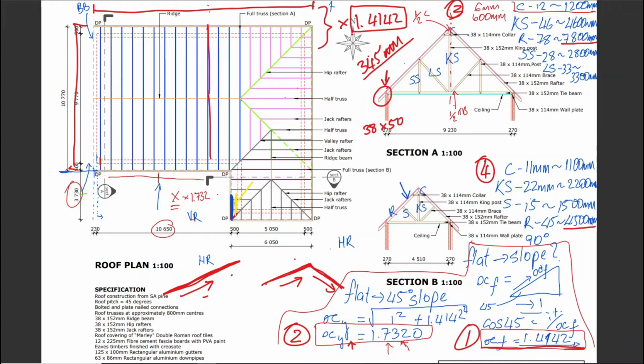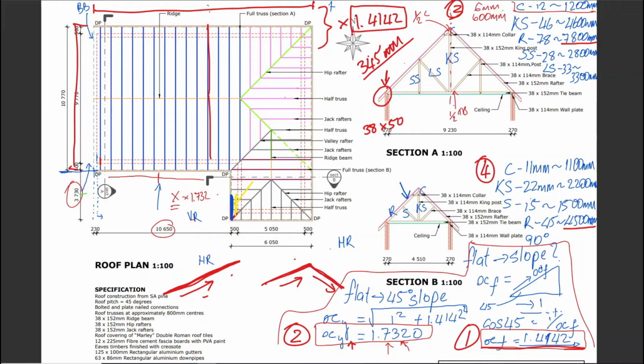So there's one trick there, right, is that when you come to describing your ridge tiles, you might be tempted to say, well, you previously had three hip rafters for your section B. 1, 2, 3.